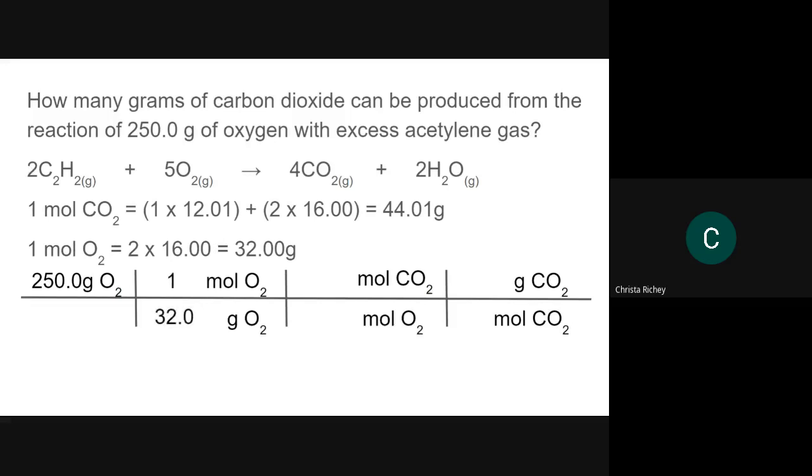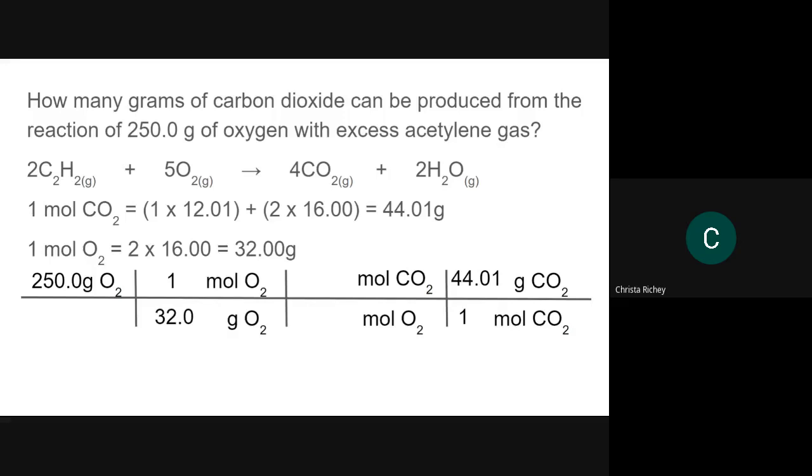When you're going between moles and grams of a substance, the mole gets a 1. You just have to calculate whatever it is that goes with the gram. I did the molar mass of carbon dioxide second. 1 mole of carbon dioxide gas is 44.01 grams.